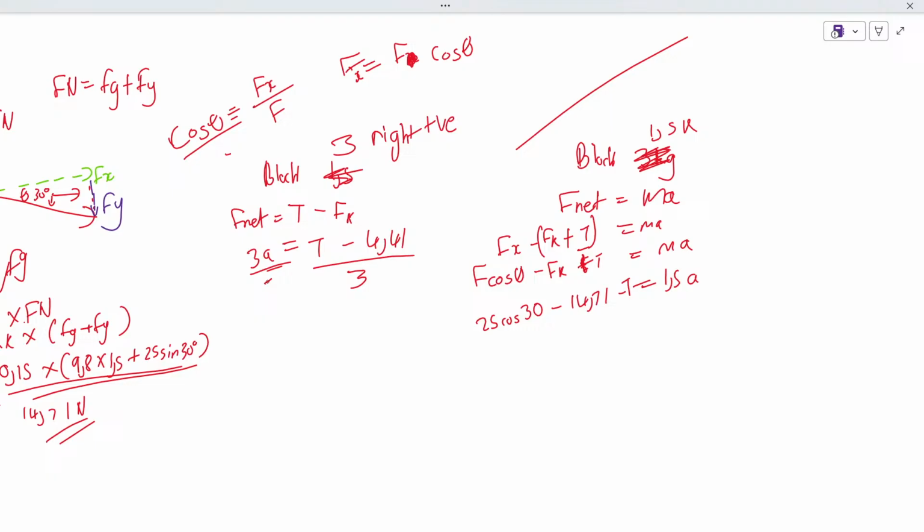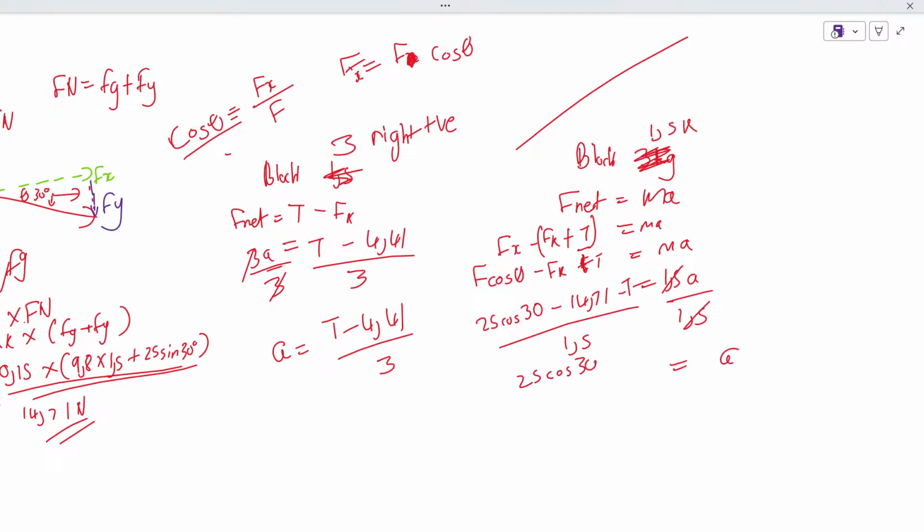This side, this is our first equation. Come and divide both sides by 1.5. This a, and then this cancels this, and then it will be a equals to T minus 4.41 over 3, and then this side is going to be a equals to 25 cos 30 minus 14.71 over 1.5.